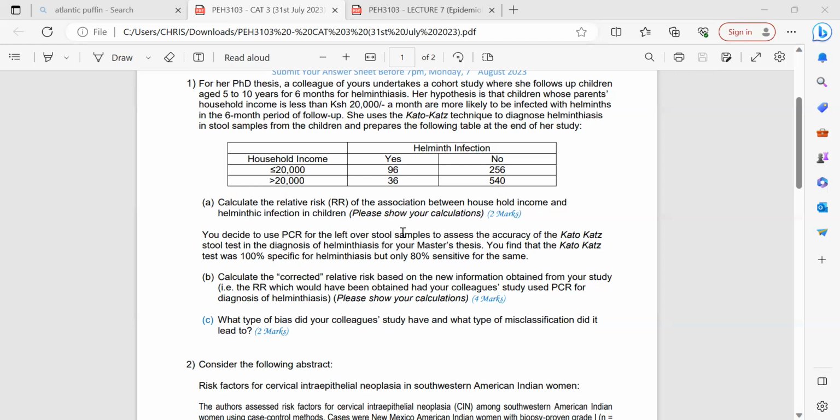So 80% of 96 gives 77, and 80% of 36 gives 29. Should we do the same for the negative, the no column? For the negative, the specificity was 100%, so everything was captured.